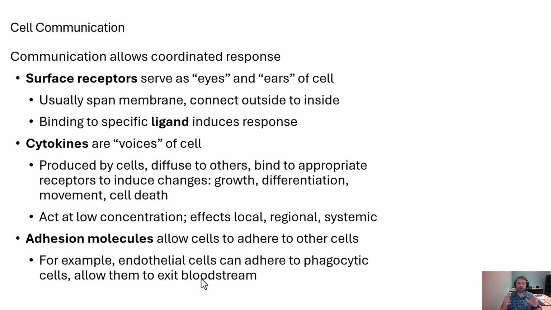And so these adhesion molecules allow for material like white blood cells to bind to epithelial cells, and that binding allows for them to fit through smaller gaps in some of the capillary beds and things like that.